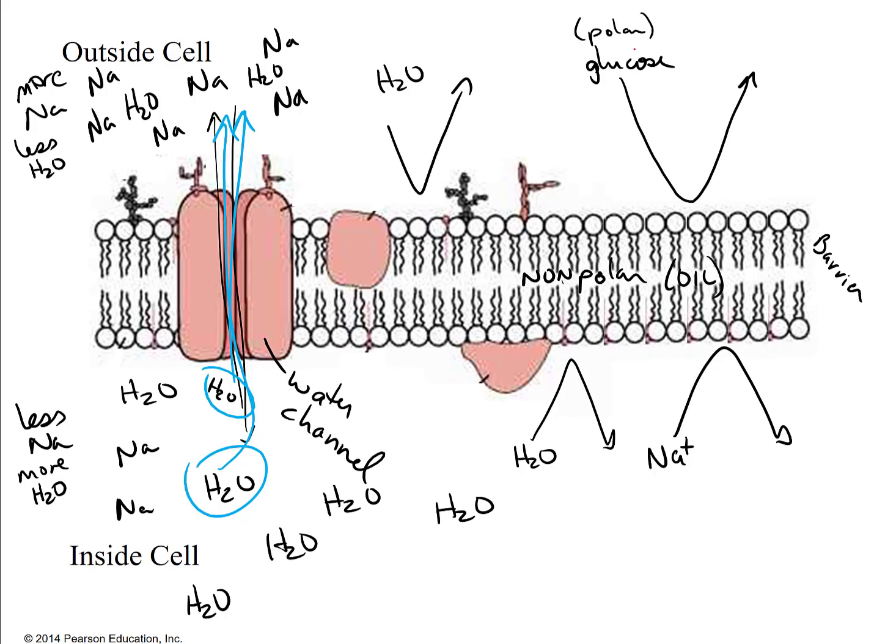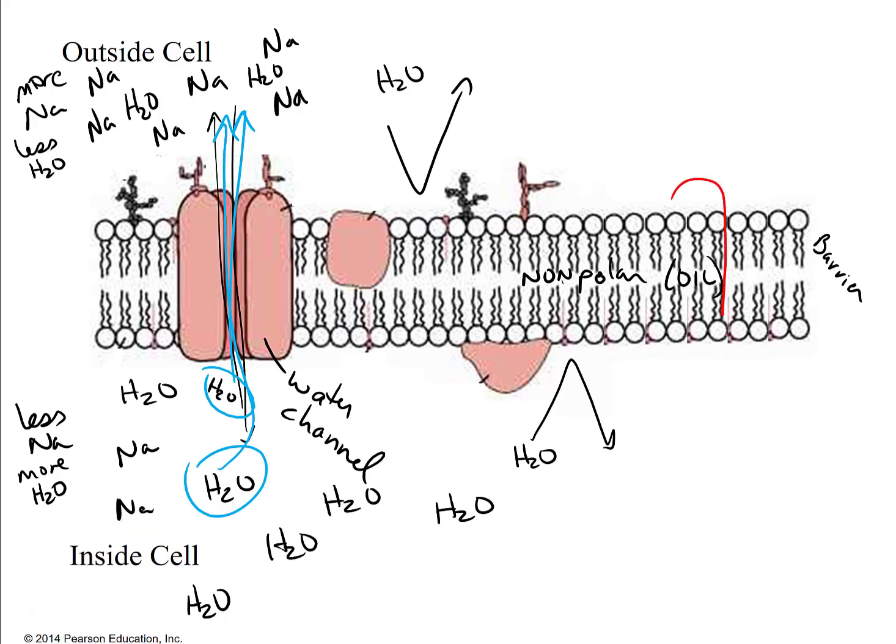So think over on this side. We'll take these ones off. So what if we have the exact same setup? We have the exact same barrier that's present, so we still have a little water channel. Here's our water channel. But now on this side, instead of having a lot of sodium outside, there's not very much. So we have a few, but we have a lot more sodium inside.